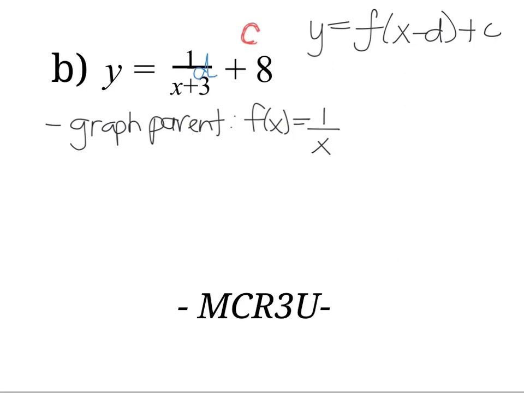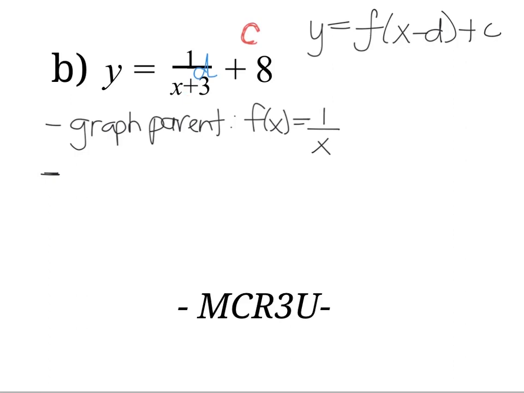So if we go back into the rules for C and D, let's start with the hard one. Let's look at D. The actual value of D is -3 because we're going to factor out that -1. Because it's negative, we're actually moving to the left.